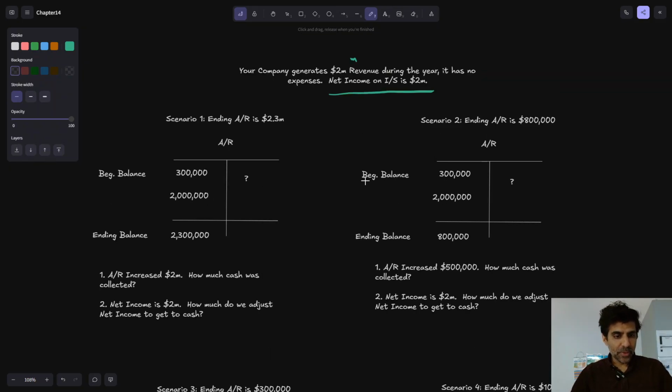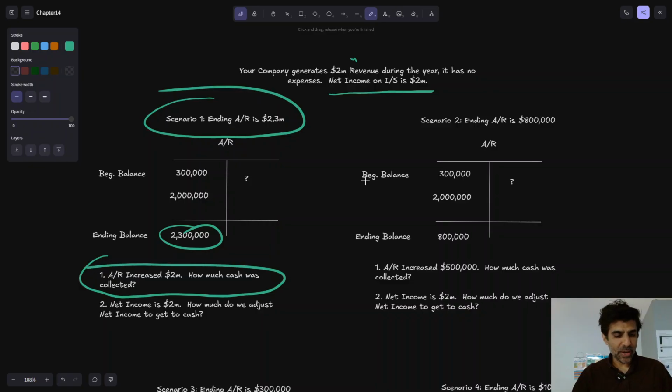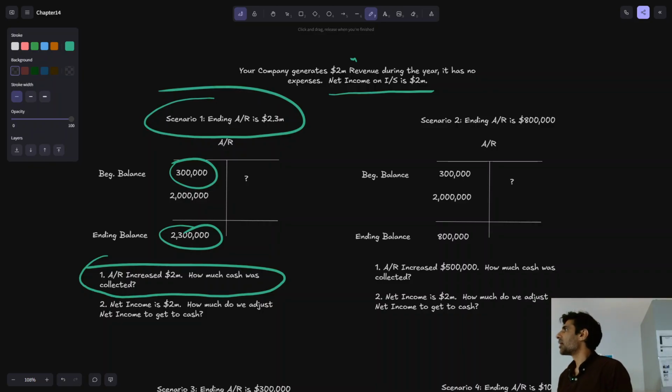So in this first scenario, accounts receivable is 2.3 million. The ending balance. So the first question is, if accounts receivable increased by 2 million, right? Because it went from 300,000 to 2.3 million, how much cash was collected?